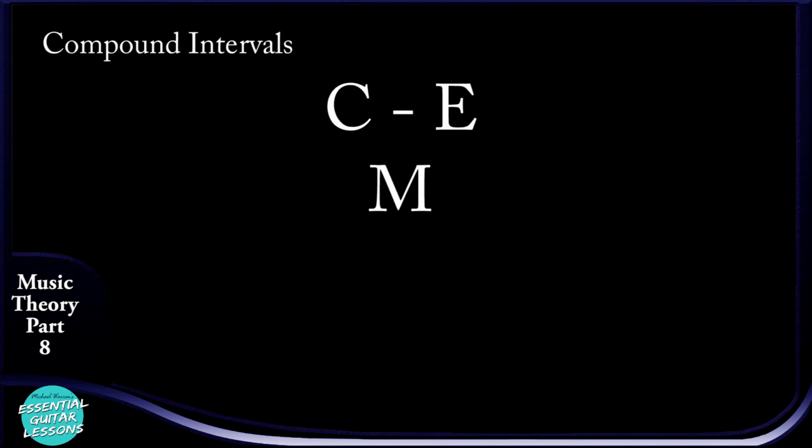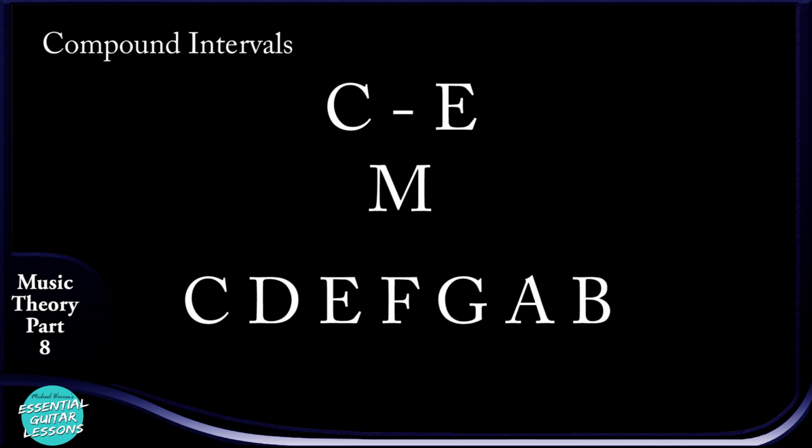The next way, the quality will stay the same, so still perfect, major, minor, augmented or diminished, but we'll change the number. So let's do C to E again. C to E is a major interval, but this time we're going to count from C to E an octave higher. So remember, when you do the count, the first note is 1.